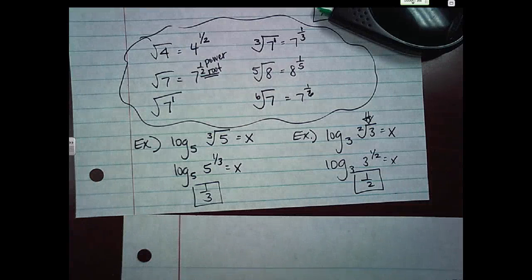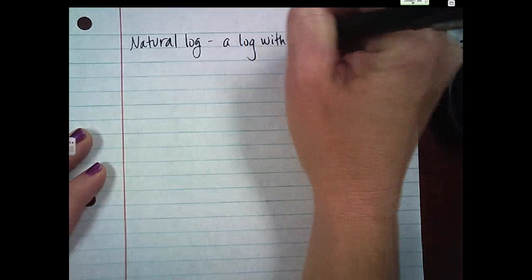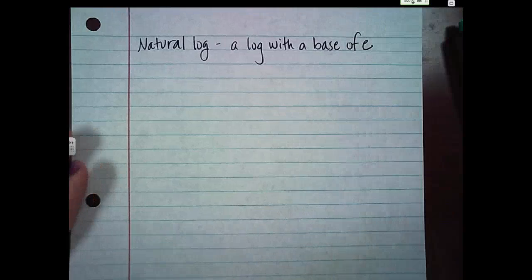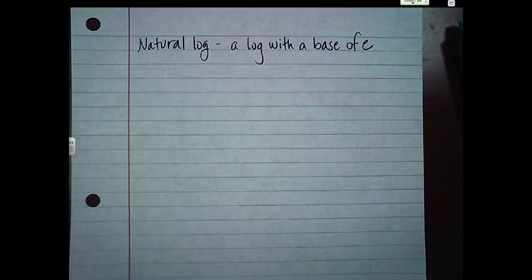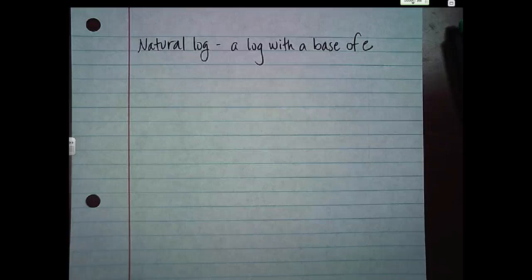Okay. Now we're going to switch gears again. It's something called a natural log, and it's a log with a base of e. Okay, you guys ever heard of pi? Obviously, yes, right?